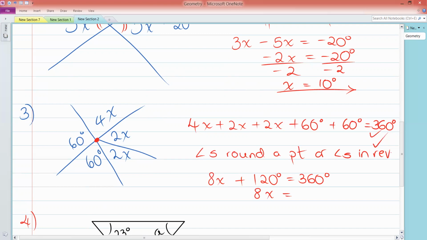Balancing method, you had plus 120. If you take it over to the other side, it becomes negative 120. So 360 minus 120, that gives us 240, and it's equal to 8x. Last step, divide both sides by 8. Therefore, x is equal to 30 degrees.